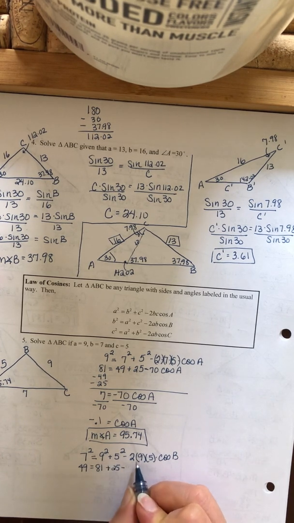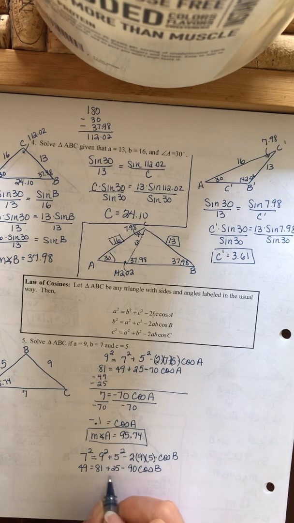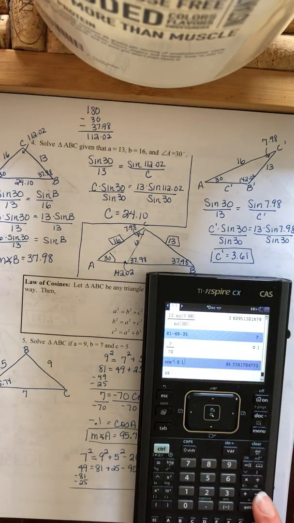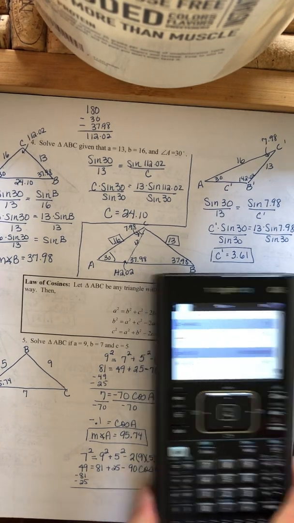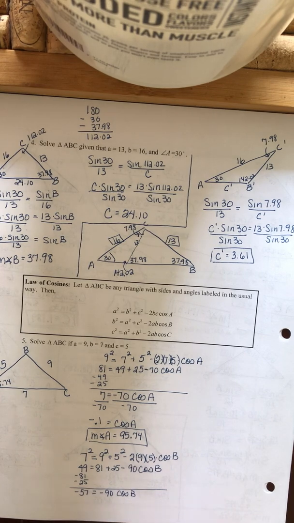So we have 2 times 9 times 5, so that should get us 90 cosine of B. Okay, and again, I can add and then subtract, or just think, subtract each of these. So we have 49 minus 81 minus 25, and we get a negative 57. So again, watch your signs, very important here. We still have a negative 90 cosine of B.